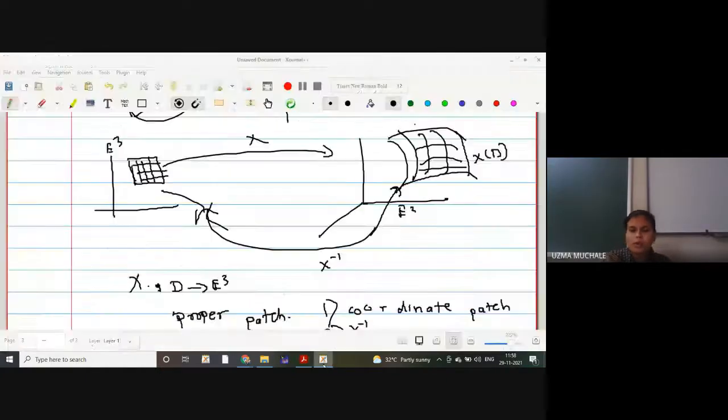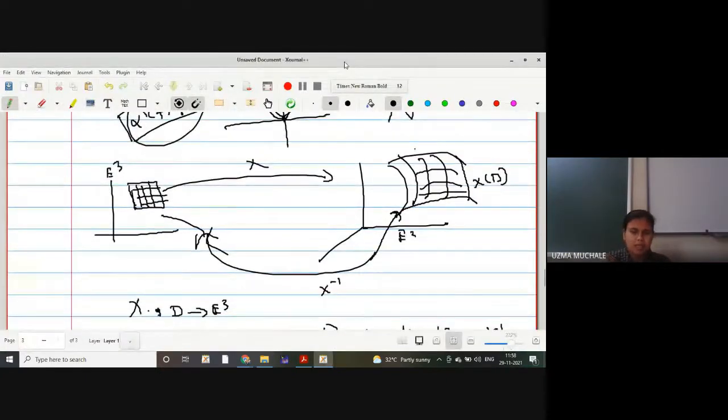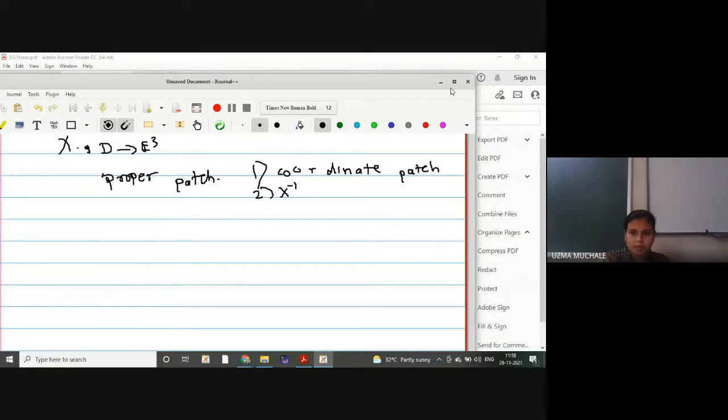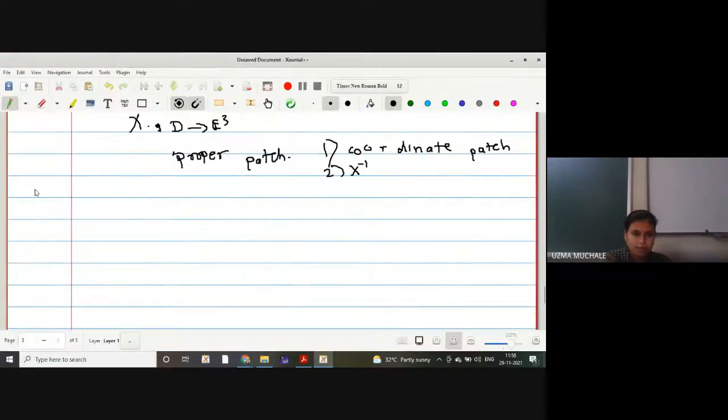Instead of taking the whole E3 space, you can take simply x of D, because we are concentrating on x of D. Then x inverse can be a mapping from x of D to D directly. So you can write this in another way as a proper patch.